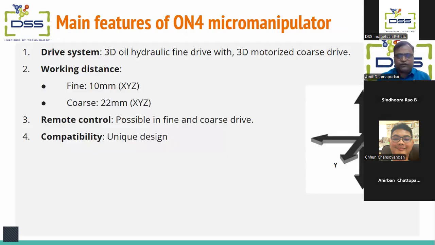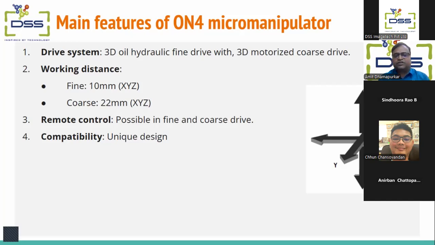The main features of the ON4 micromanipulation system: it's a 3D oil hydraulic fine drive with a 3D motorized coarse drive, as we just discussed. All the fine features are hydraulic, and all the coarse features are motorized. This is the working distance of the microscope.